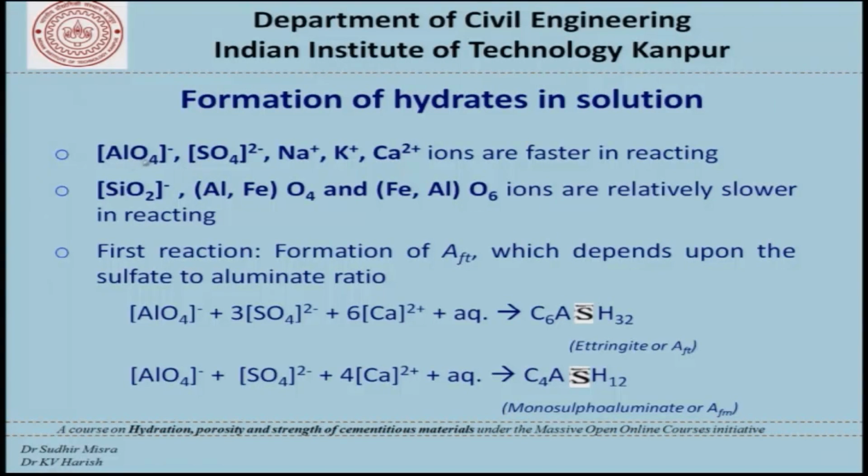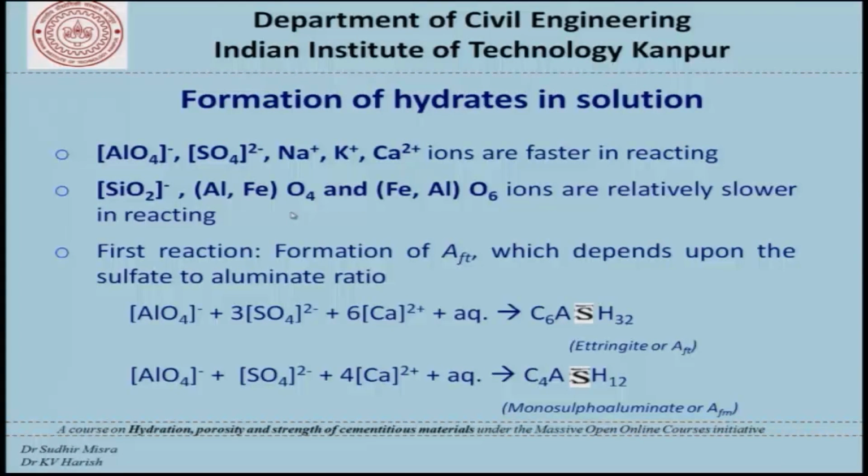So, AlO4- ions, SO4 2- ions, sodium ions, potassium ions, calcium ions, these are very fast in reacting, and especially the aluminate and the sulfate ions are extremely fast. The ions which are relatively slower are the silicate ions SiO2-, AlFeO4, FeAlO6 ions.